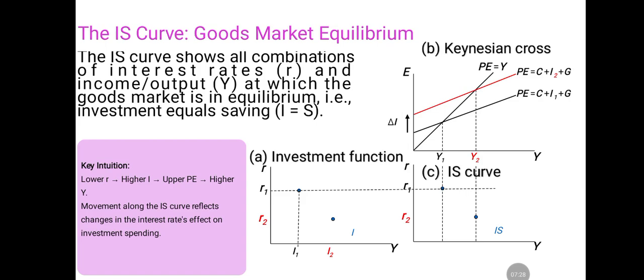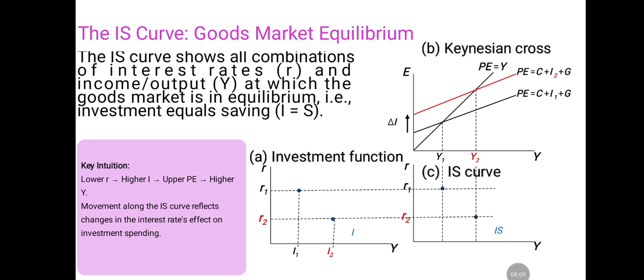So we draw the line from Y2 perpendicular and attach the IS curve in panel C. When the investment increases from I1 to I2 in panel A, the investment and the interest rate are negatively sloped. There is an inverse relationship between interest rate and investment. So the interest rate declines from R1 to R2.